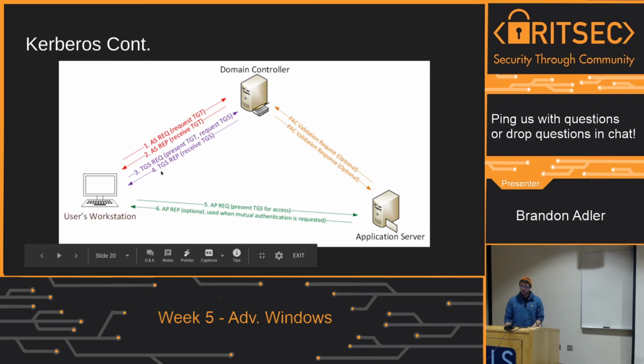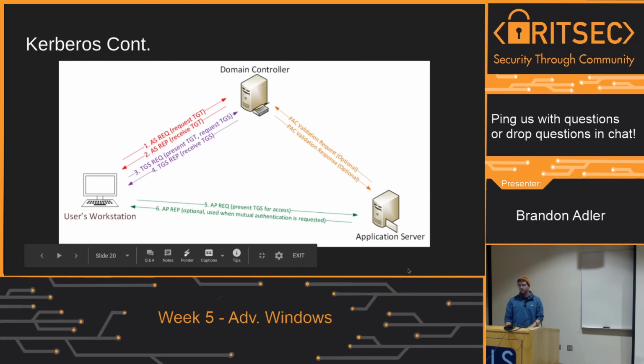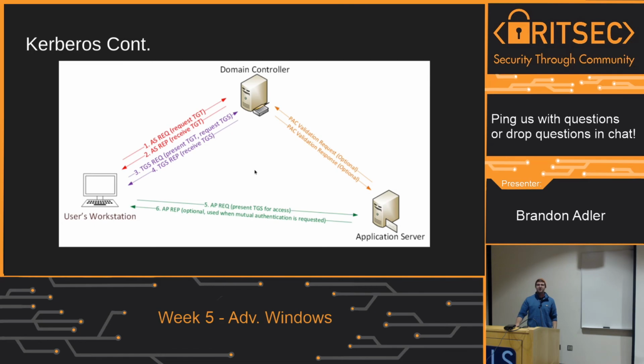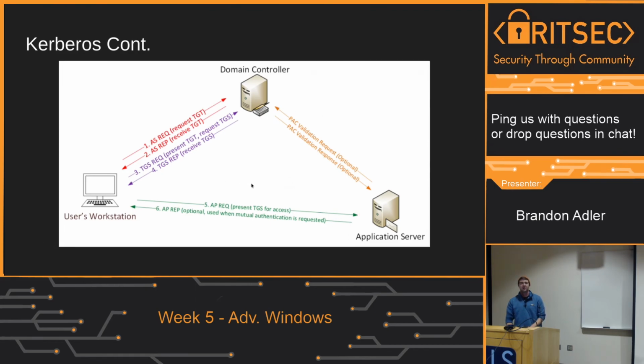And then when you try to go to this service, it actually needs the TGS, the ticket granting service, in order to decide if it has access to this application server. And this application server actually validates that ticket on the back end with the domain controller. So that's why this communication is usually a thing over here, because the application server will almost certainly have to reach out to the domain controller to verify the user.